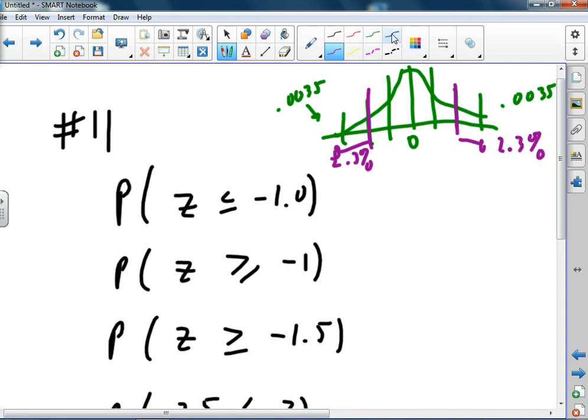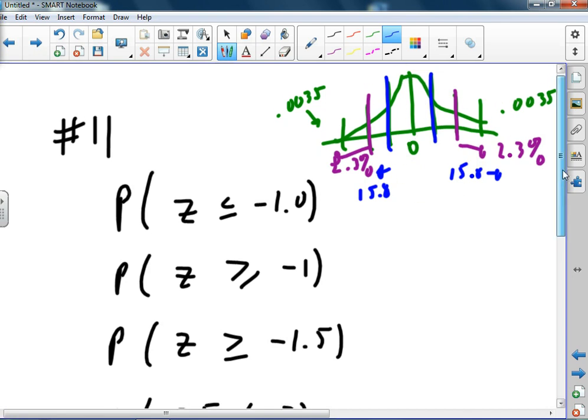And then I'm going to look at 1 standard deviation. At 1 standard deviation, I have 68.3. 100 minus 68.3 divided by 2 is 15.8. So I have 15.8 that way and 15.8 this way. Okay, so that's what I'm looking at.